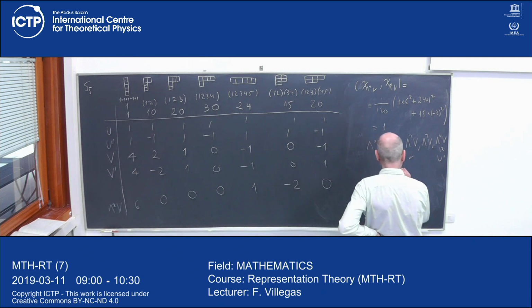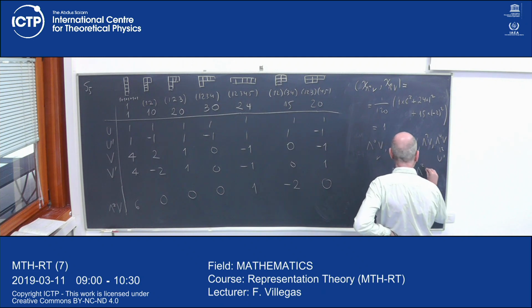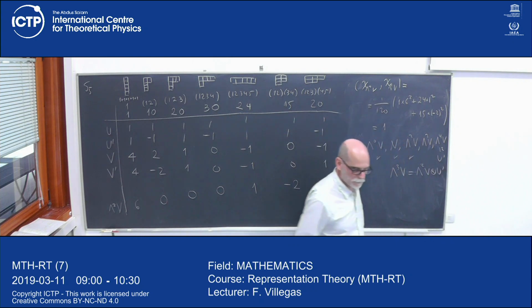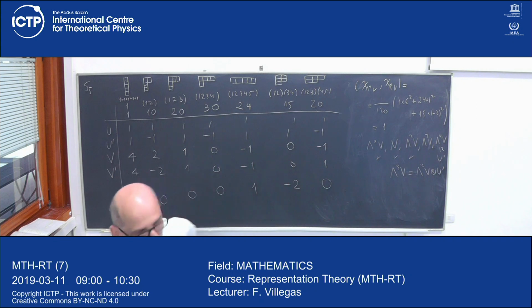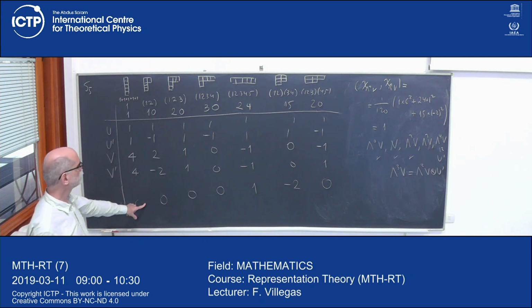Dimension 4. This is also dimension 4, and in fact it is the tensor product with the sign representation. And if we tensor this with the sign representation, what happens?